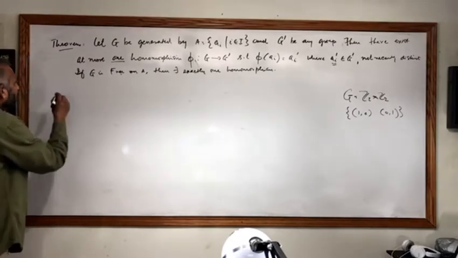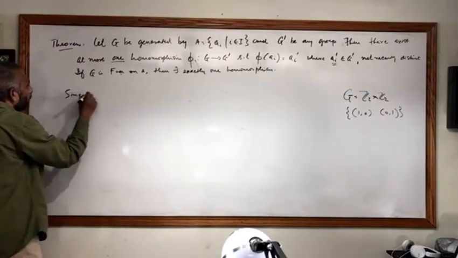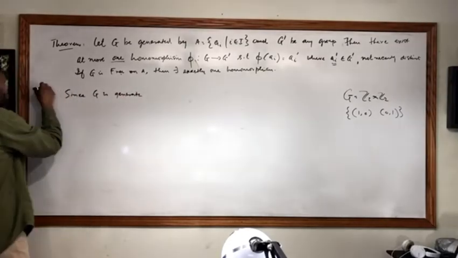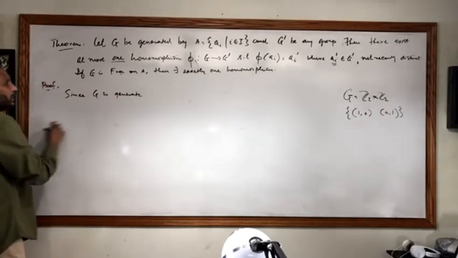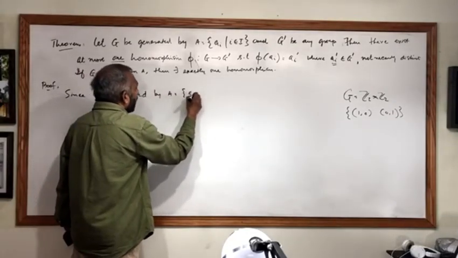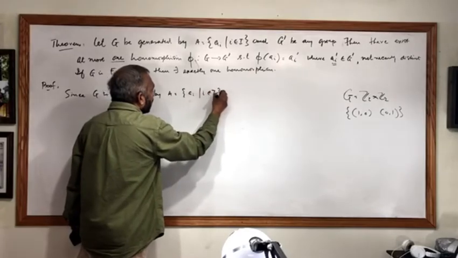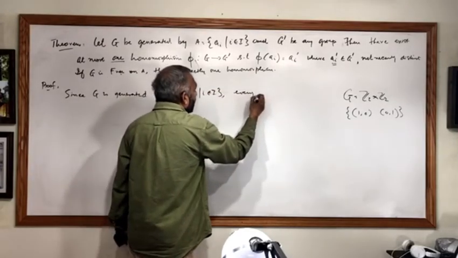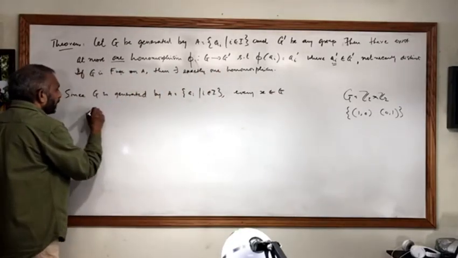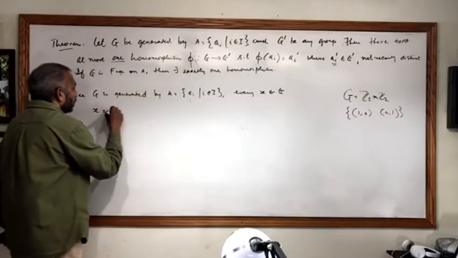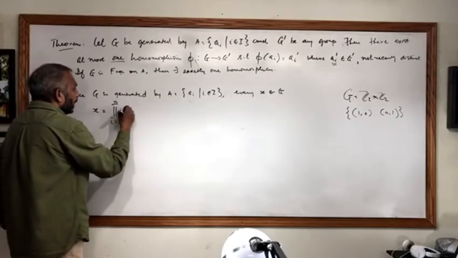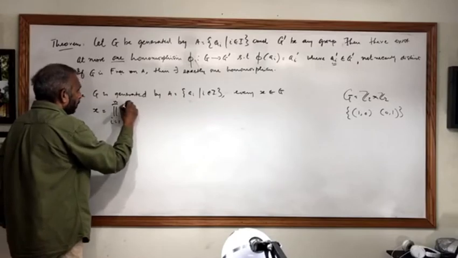So, the proof. G is generated by A equal to a_i, i belongs to I. Every x belongs to G, x is equal to the product for i equal to 1 to n, for some n, of a_i to the power of n_i.